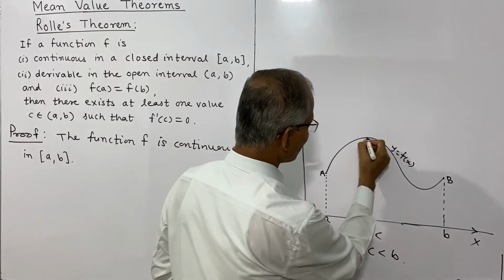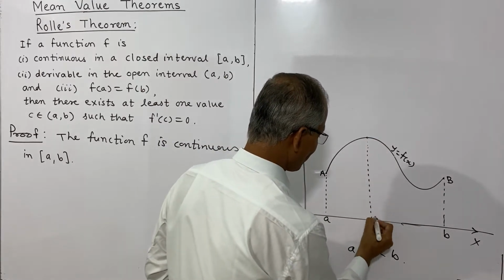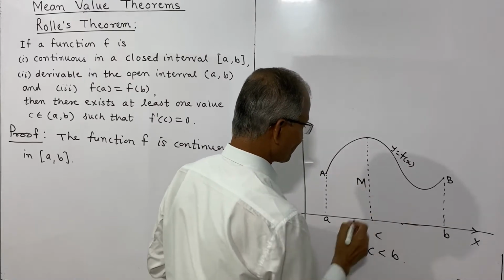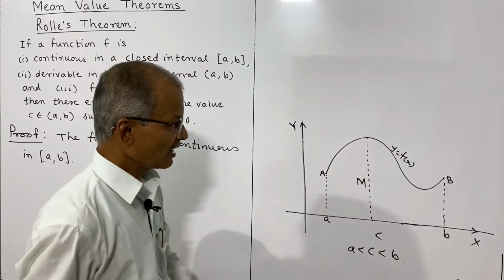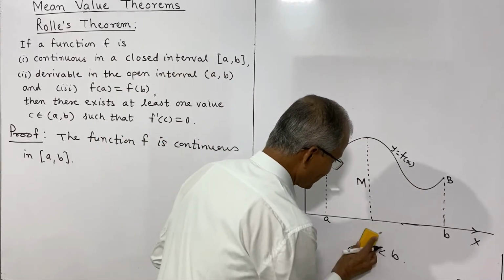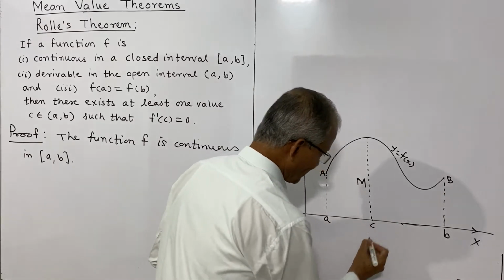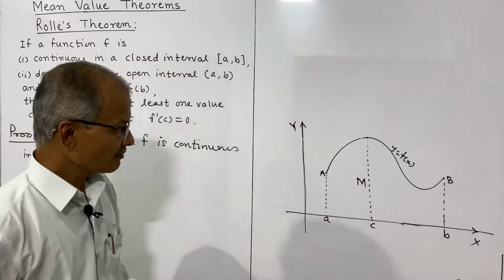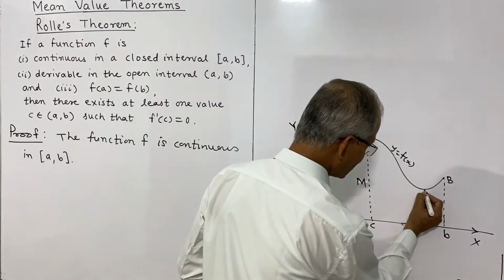So at this point the function is maximum, and we shall suppose that value is M. This height is M at this point, and suppose that point is some point c. At c the function has maximum value.